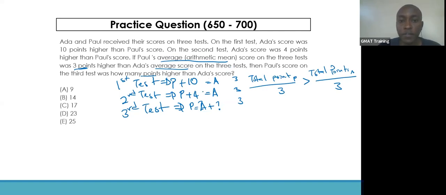And so Ada's points in total should be 9 points less than Paul's score, right? For average score, Ada's was 3 points less, but for the total points, Ada's were less by 9, right? I hope you understand that. So 9 points plus Ada's equals Paul's points.